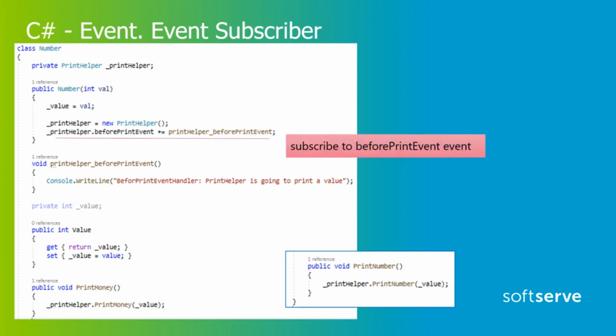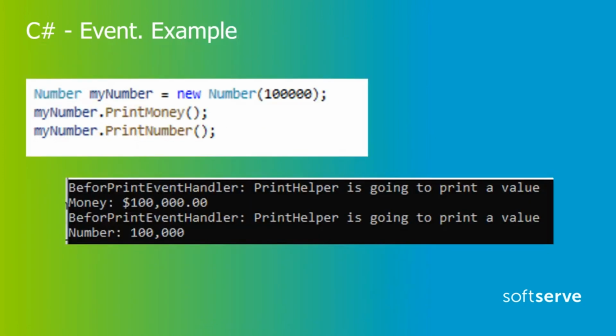The Number class creates a PrintHelper instance and subscribes to the BeforePrint event with the plus operator and gives the name of the function that will process the event. It will be called when the publisher triggers the event. The PrintHelper BeforePrint handler is an event handler that has the same signature as the delegate BeforePrint in the PrintHelper class.